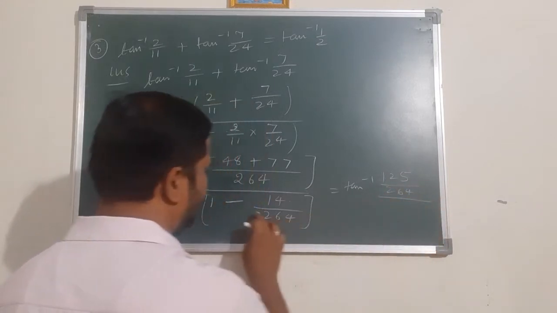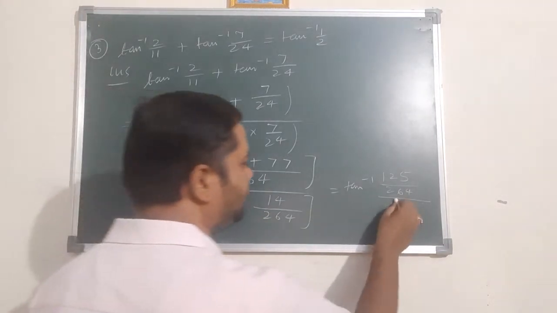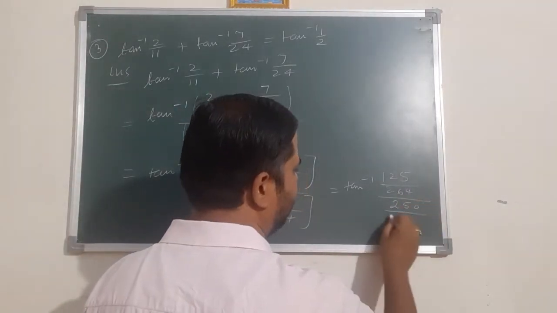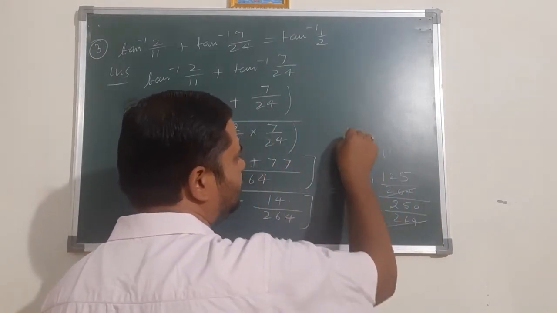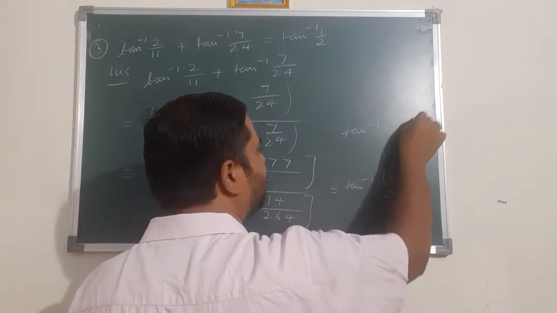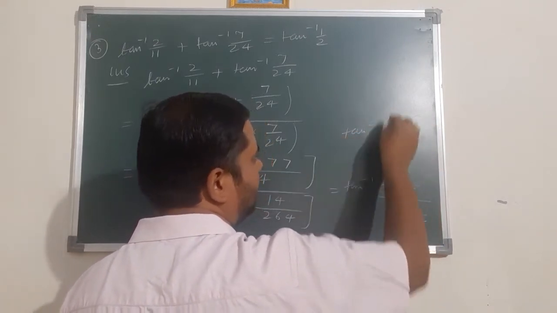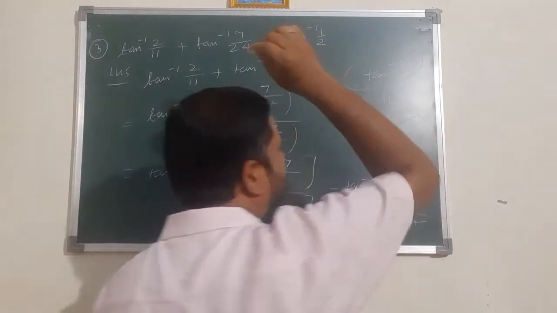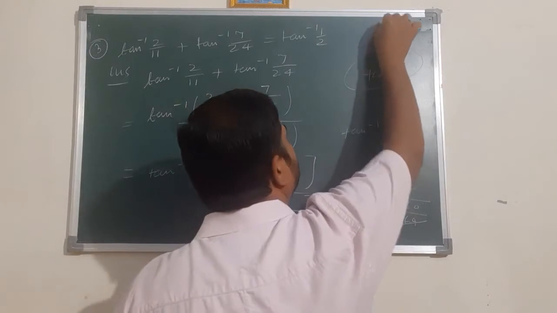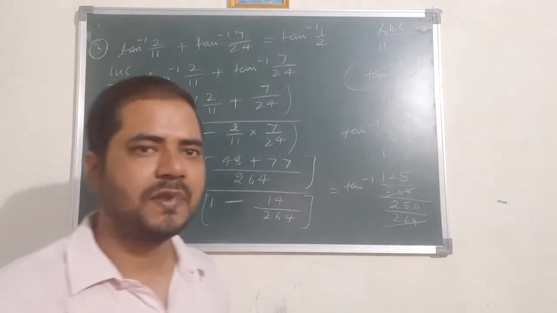And if you calculate this one, 264 minus 14, this is 250 divided by 264, and this is cancelled out, and this equals tan inverse of 125 upon 250. This is nothing but tan inverse of 1 by 2, and this is nothing but RHS. Clear?